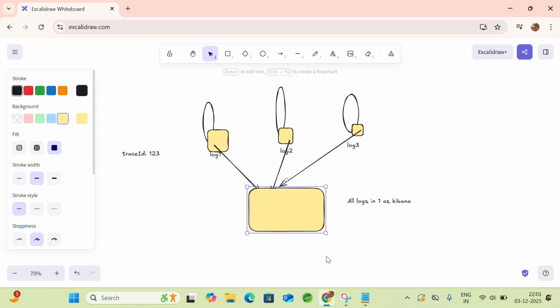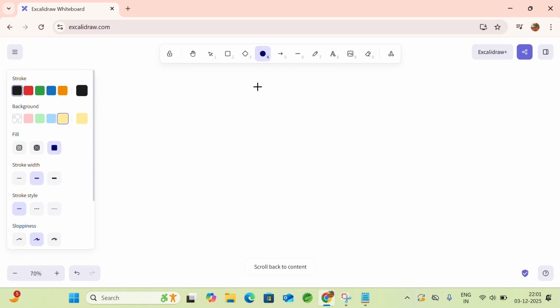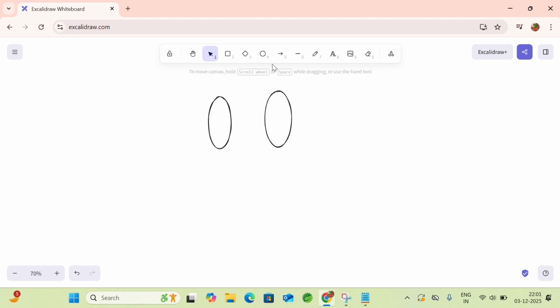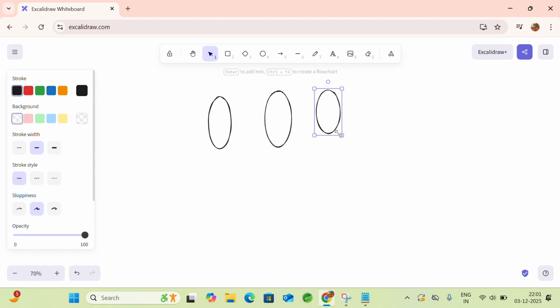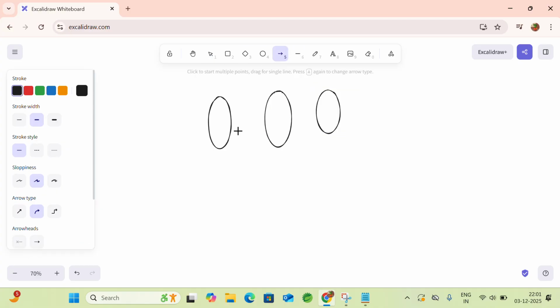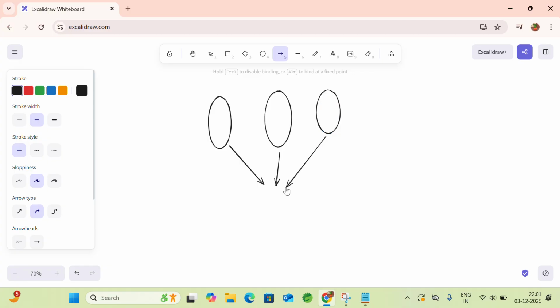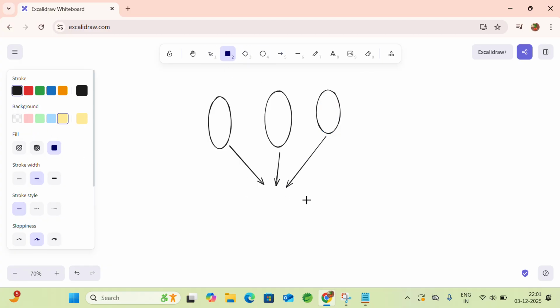Basically, let me show you with an example itself. Here, let's say we have different microservices. This is one of the microservices, this is another one, and this is another one. So when all of them are being connected through a single database, this is where all of these are connected here.